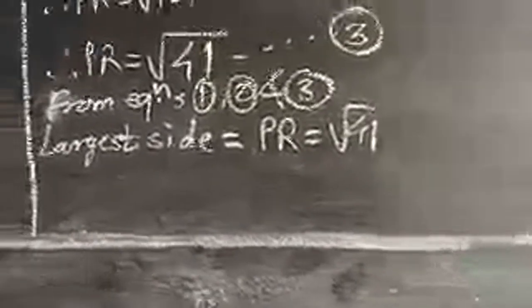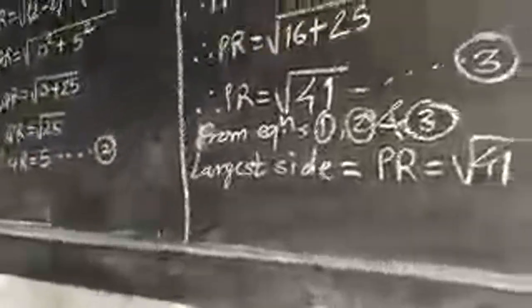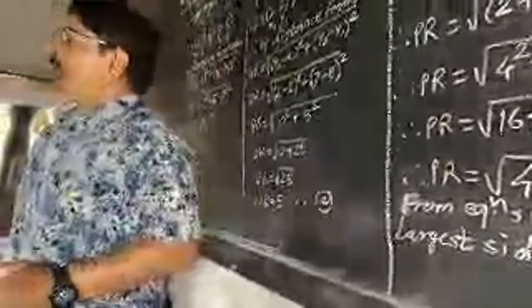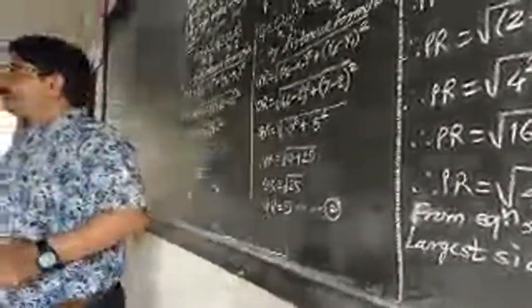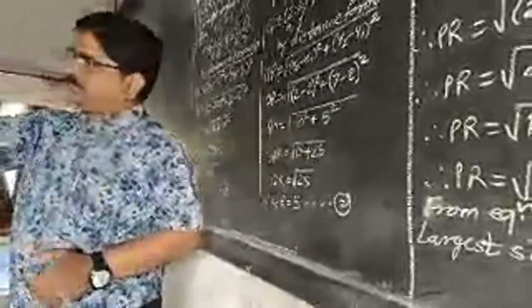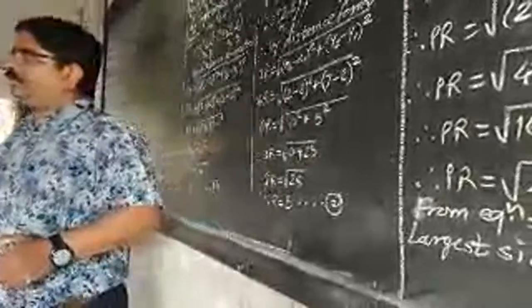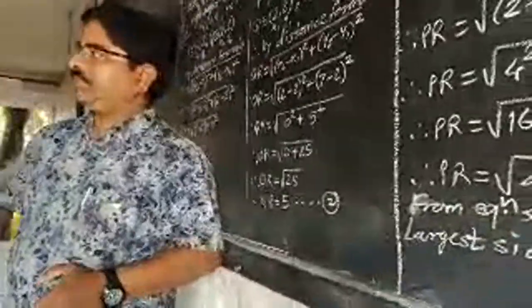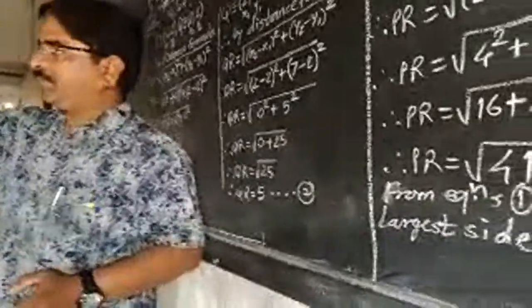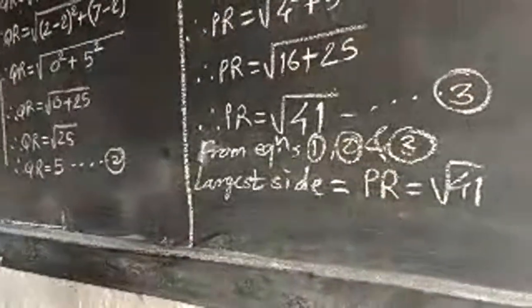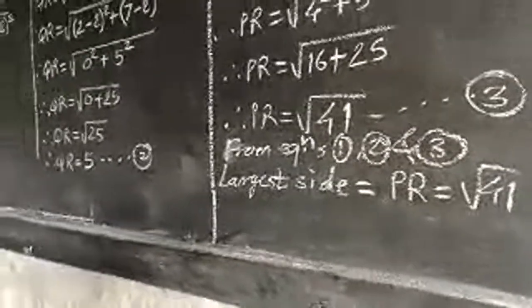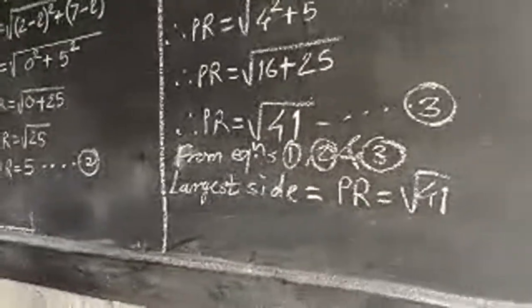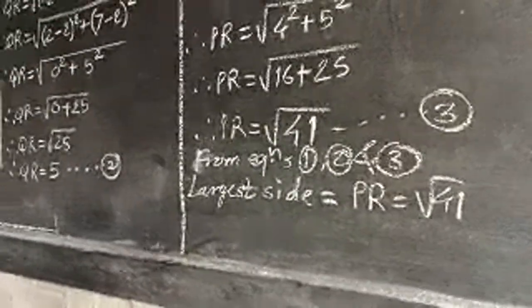Then what is the next step? PR is equal to PR, and the remaining sides: root 41 is equal to PQ plus QR.